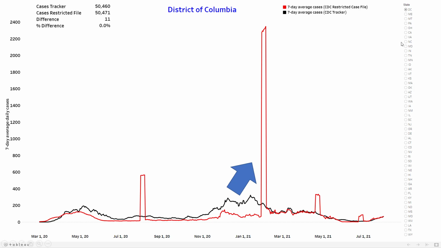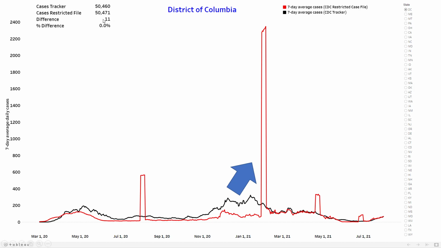And so the order that I am presenting these states in is basically, you can see at the top left here, for each of the states as I click through this, I'm comparing the total number of cases reported through July 31st on the COVID tracker, the one where the states are reporting daily aggregate information to the CDC, and I'm comparing that to this CDC restricted case line file, again, both of those through July 31st.